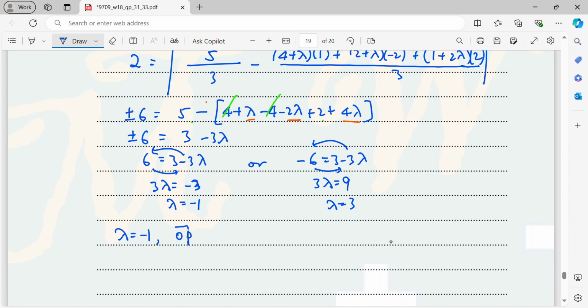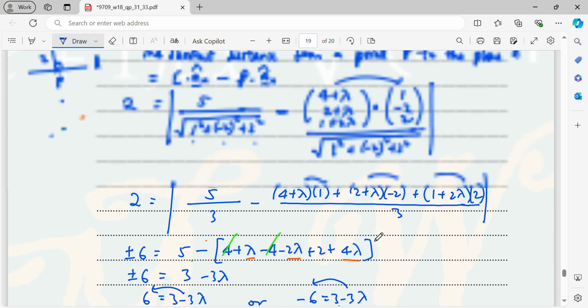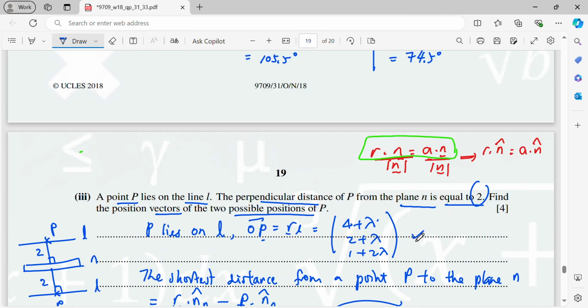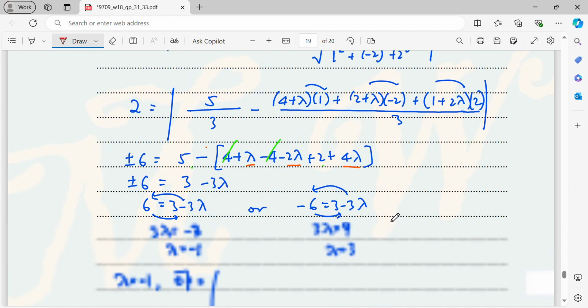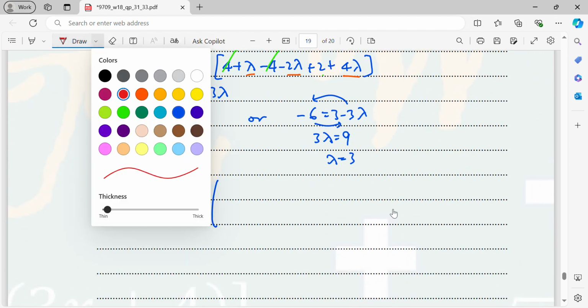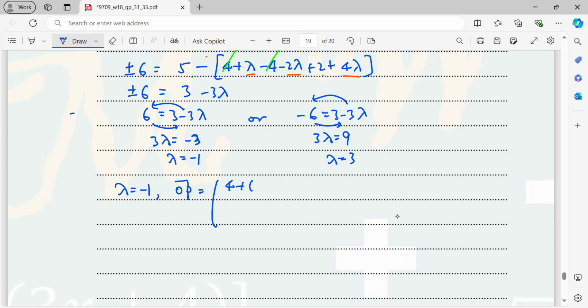So your OP will be, just substitute the lambda here. So you will get 4 plus lambda, that means it is 4 plus minus 1. Then 2 plus lambda, 1 plus 2 lambda. Okay. So now here will be 3. 2 minus 1 is 1. 1 minus 2 is minus 1.